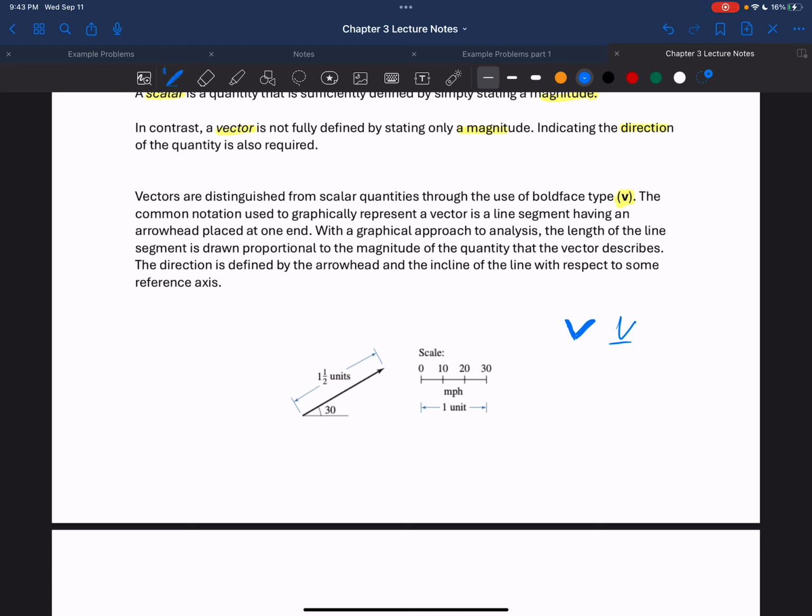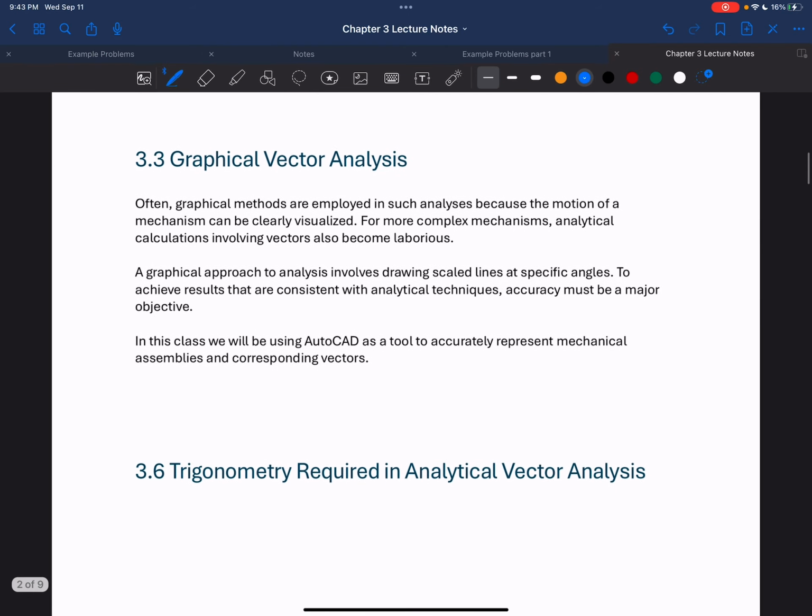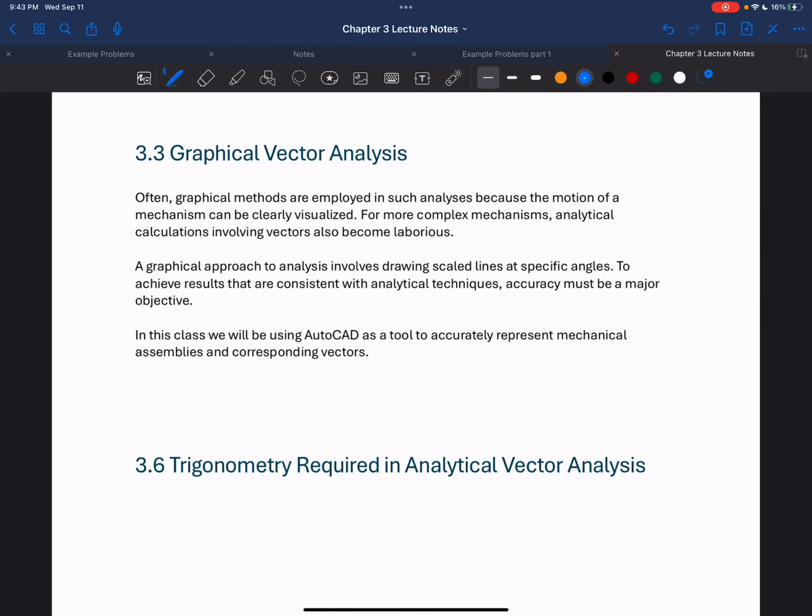It must be proportional to the rest of the lines that we draw, and we must relate it to some reference axis, so we're pointing it and orienting it in the right direction. All of that actually becomes important, especially when we get onto the computer. So we're going to talk more about this graphical vector analysis.